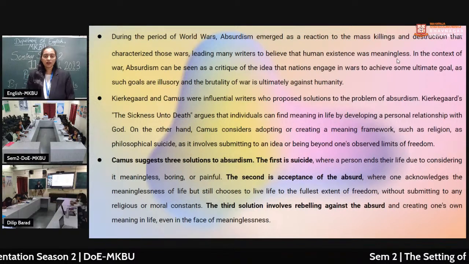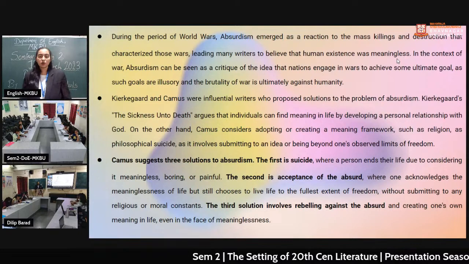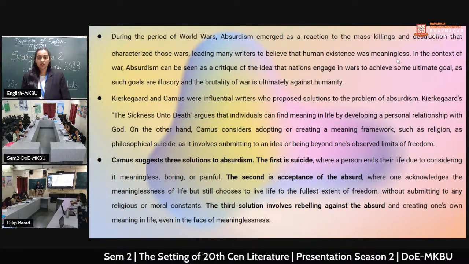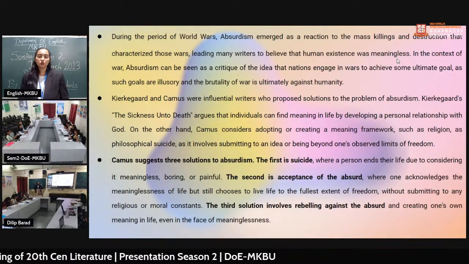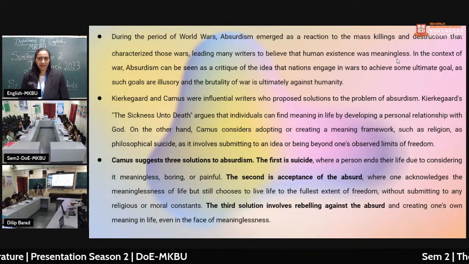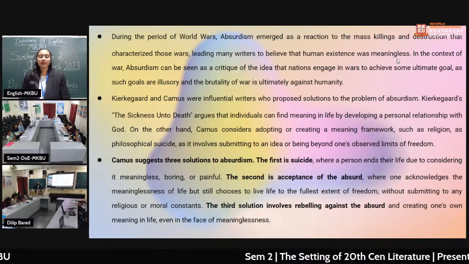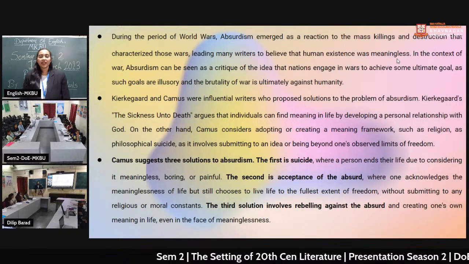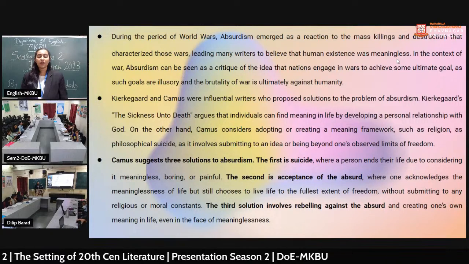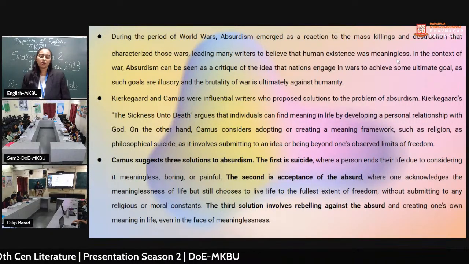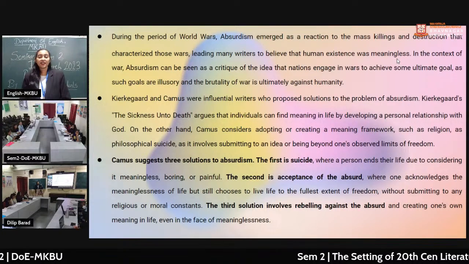Here Camus has not only given the three solutions, but also through his work he has given a solution. We can see that the first is suicide, in A Happy Death. A Happy Death is a work by Albert Camus, which defines that one can die if he is not finding meaning in his life. And the very next one, the third solution, which is rebelling against the absurd.